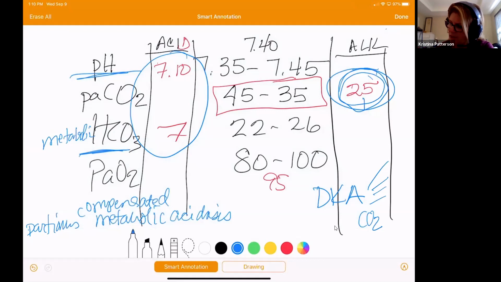So this compensation actually represents Kussmaul respirations. Yeah, cool, huh? You can see it on the ABG. Super cool. All right, we're going to go back to sharing the PowerPoint.